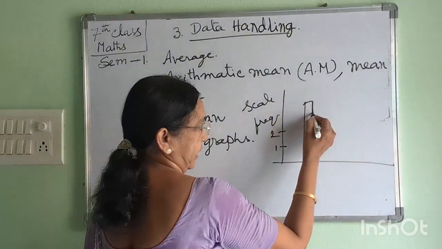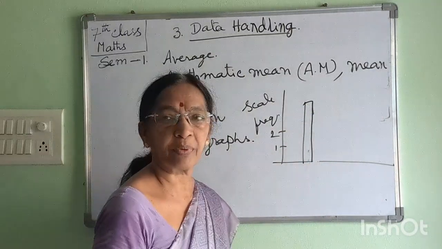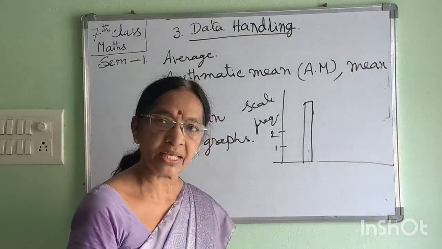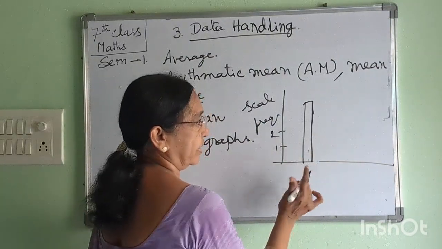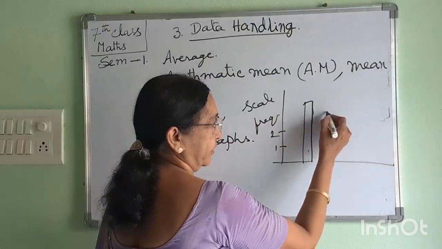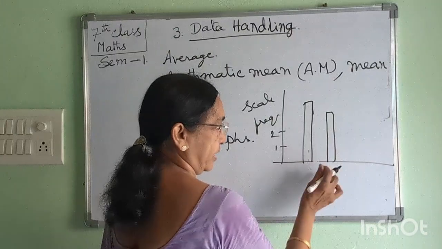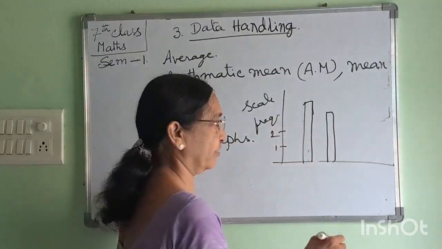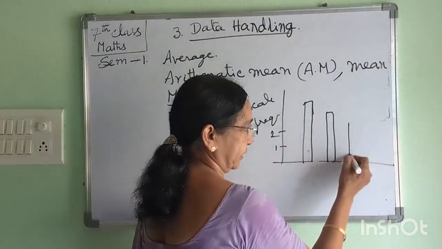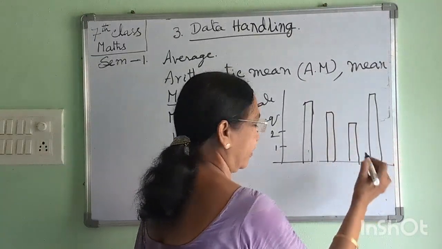The height of the bar depends upon the frequency and the scale we take. A bar graph contains different bars representing different values, with different heights depending upon their frequency, and they have the same width. So this is a bar graph.